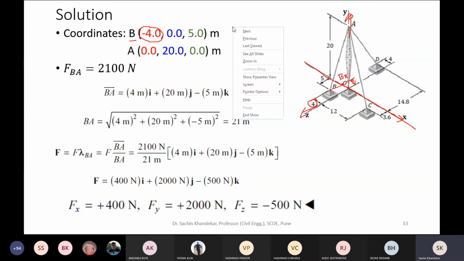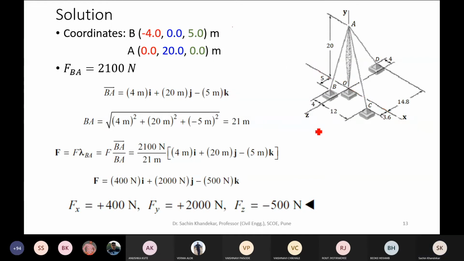Next, what about the y coordinate of point B? As I already told you, point B is in xz plane, so the y coordinate of point B is 0. Then next, you find the z coordinate of point B. To know the z coordinate of point B, you take the projection of B onto z axis. So this is your z axis. Take the projection of point B onto the z axis, and let that point be, say, Bz.